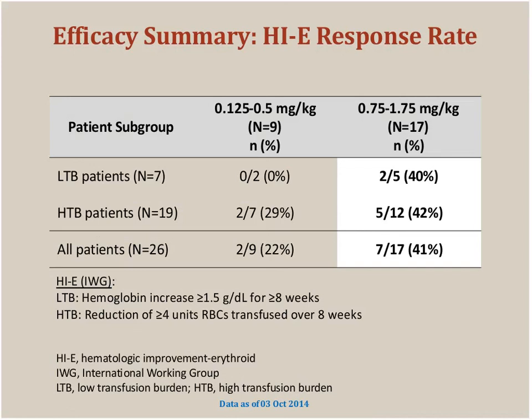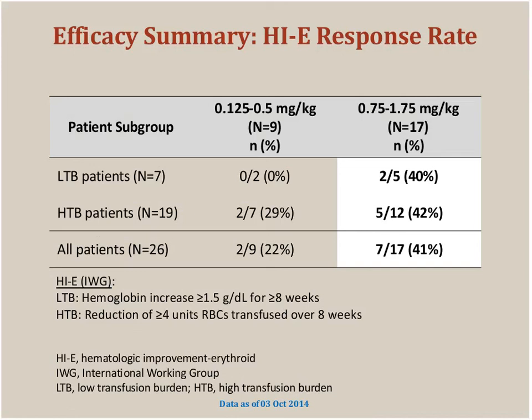In the low transfusion burden, 2 out of 5 patients in the higher dosing cohort responded. 5 out of 12 in the higher transfusion responded. And overall, for all patients treated, 41%, 7 out of 17, when one adds together both the lower and higher transfusion burden patient population, responded.